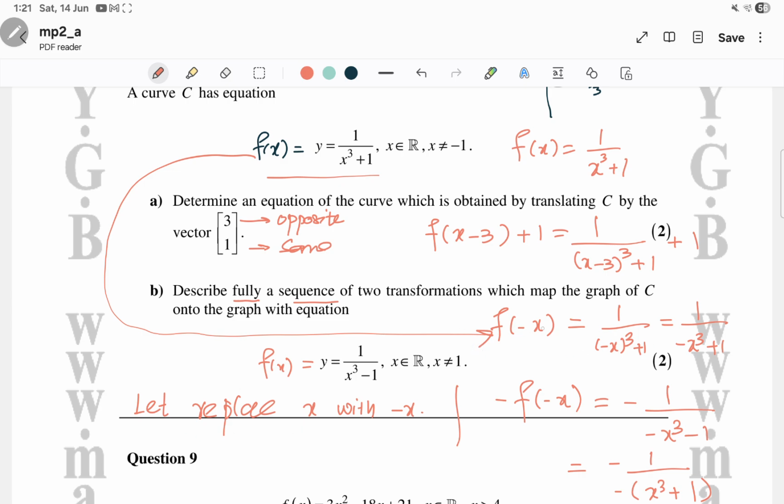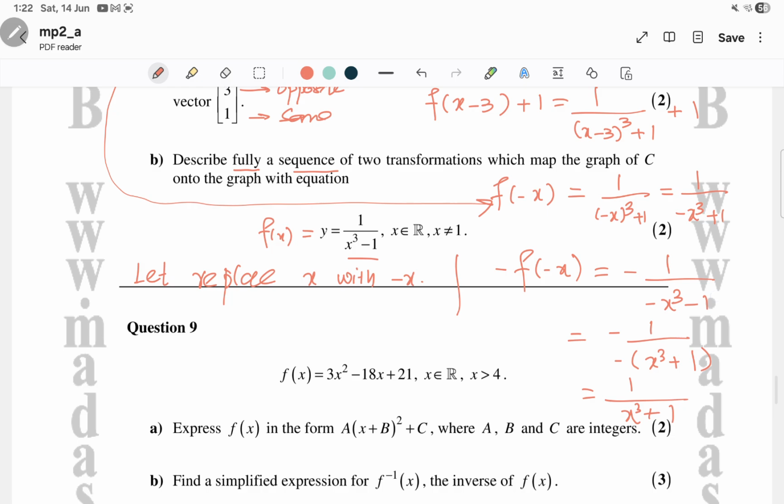So it will be f of minus x, because we need to change our given function into the form 1 over x cubed minus 1, and then we'll see what transformations we got. If you replace x with minus x, it will be minus x cubed plus 1.